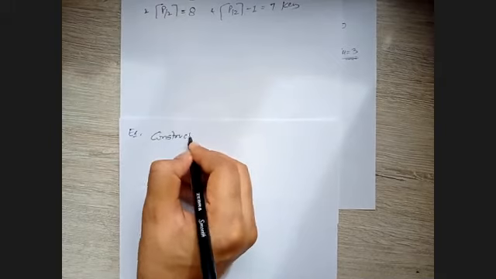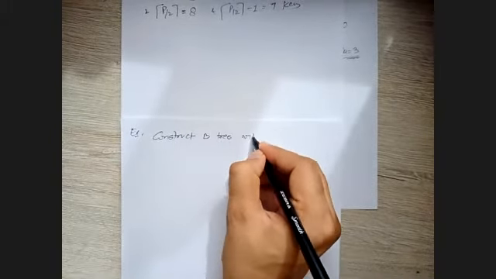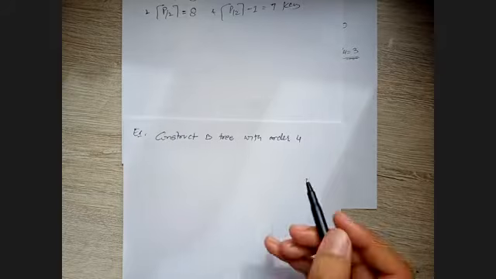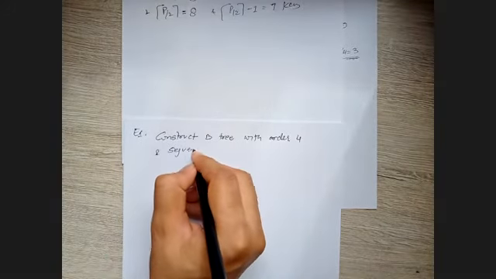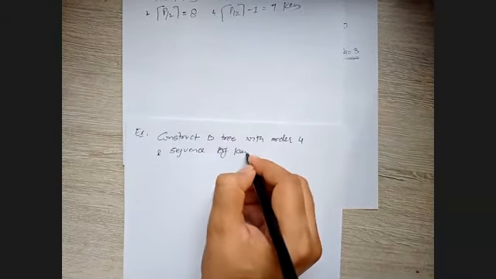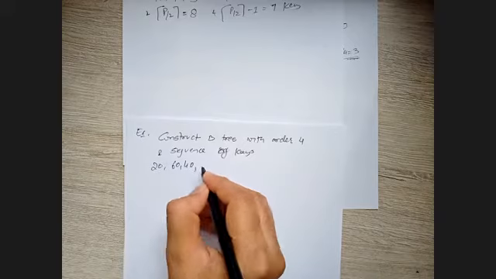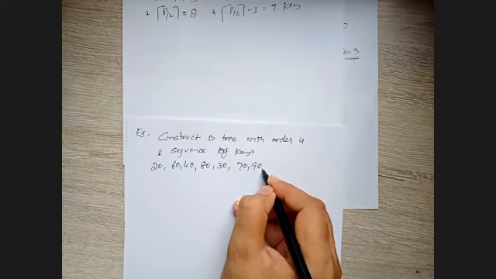So the question is, we need to construct a B tree with order, let's say, 4. So order is 4, that is the maximum child pointers, and the sequence of keys is as follows: 20, 60, 40, 80, 30, 70, 90, 10.